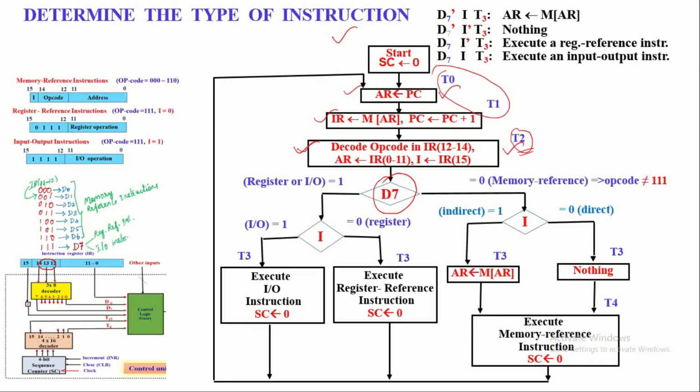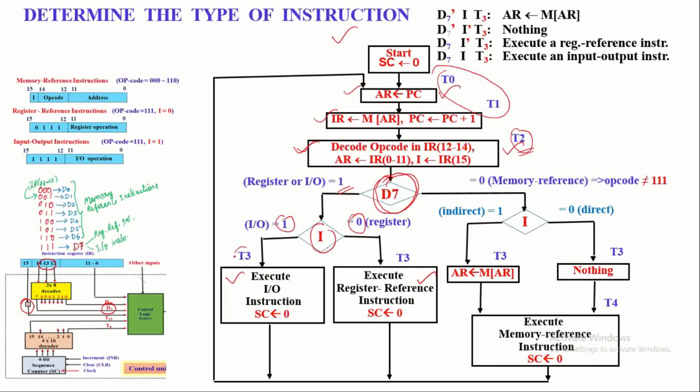After this, the D7 output of the decoder is verified. If D7 is equal to 1, then the instruction can be of type either IO or register reference, depending on the I bit value. If I is equal to 1, it is an IO instruction, and if I is equal to 0, it is a register reference instruction.